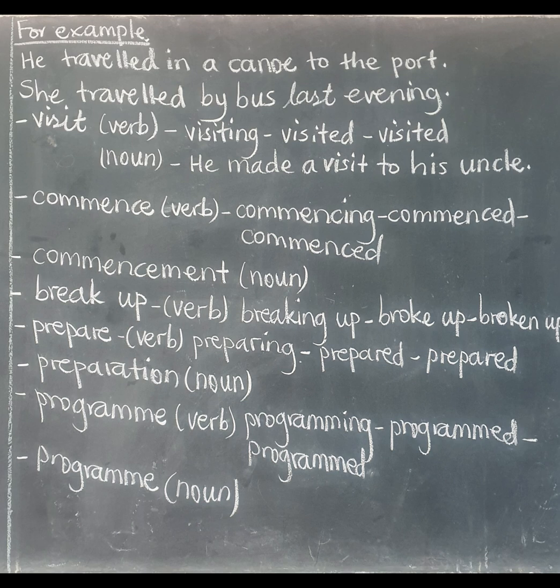Visit is V-I-S-I-T. Some of the children make a mistake of spelling it incorrectly, but that word is not there. Even when you open the dictionary from the first page to the last one, you can't find that word, but it remains visit.